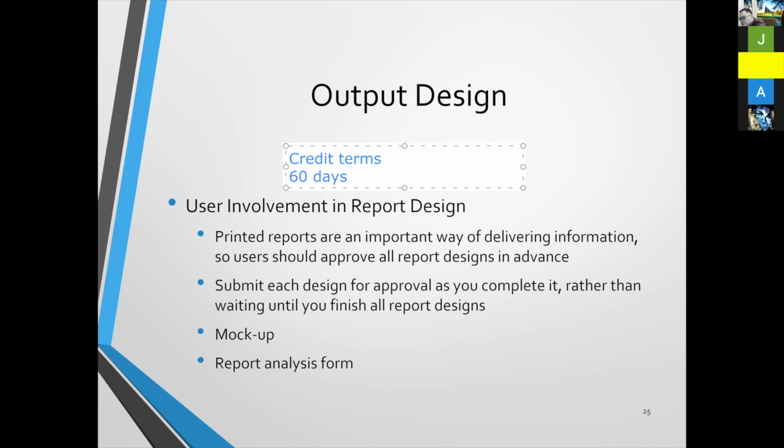But if that document must be printed in A5, the things that you may have to do is that in your A4 paper, you draw it as A5 size. Draw a rectangle as A5, and then write down the details of the report in that A5 paper and show it to the users so that they can confirm whether this kind of report is the thing that they like or not.